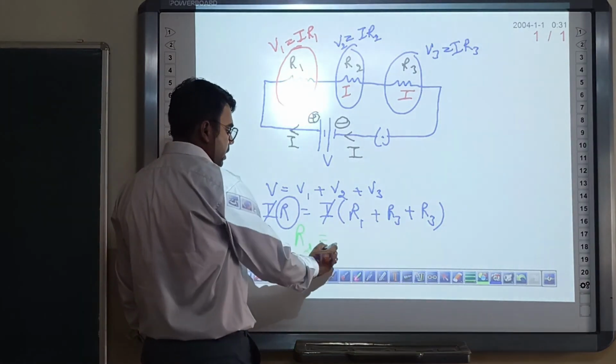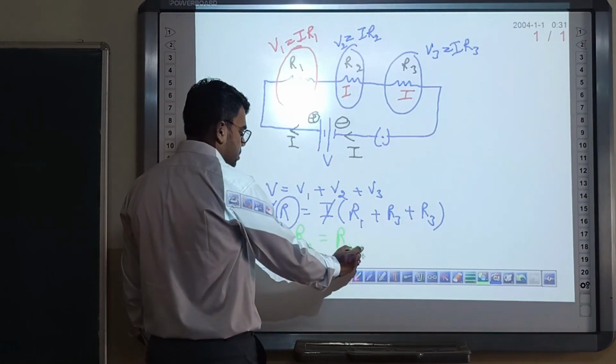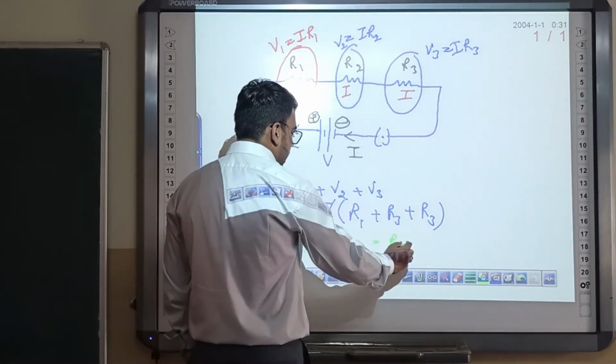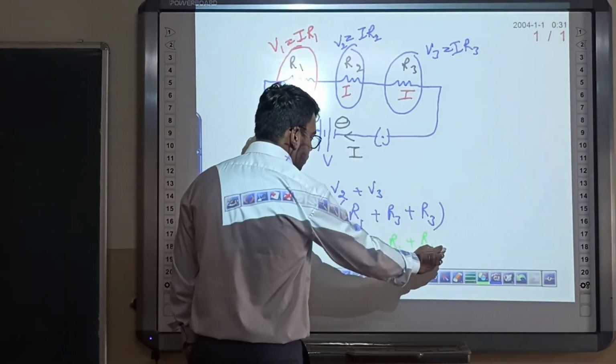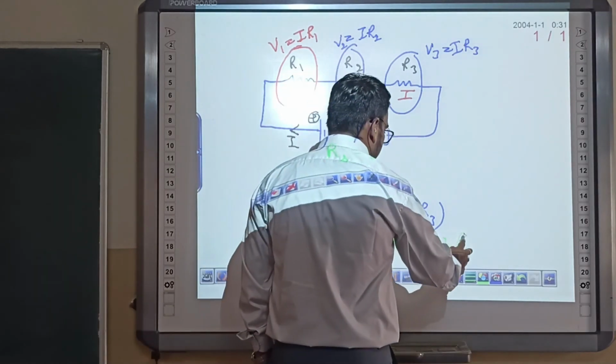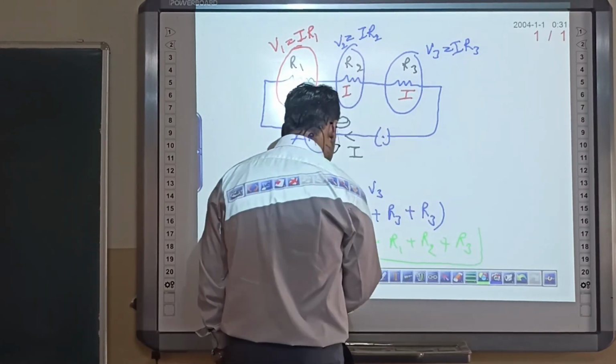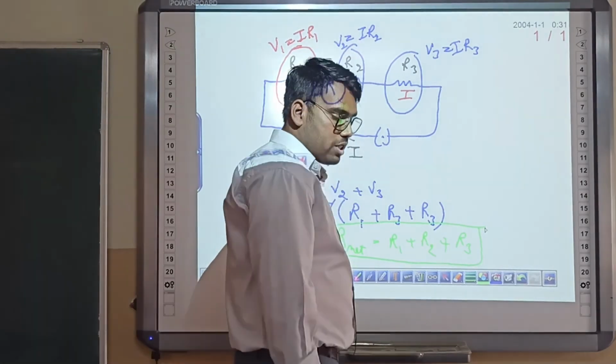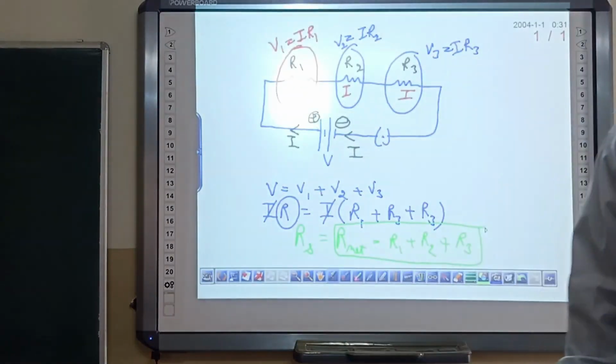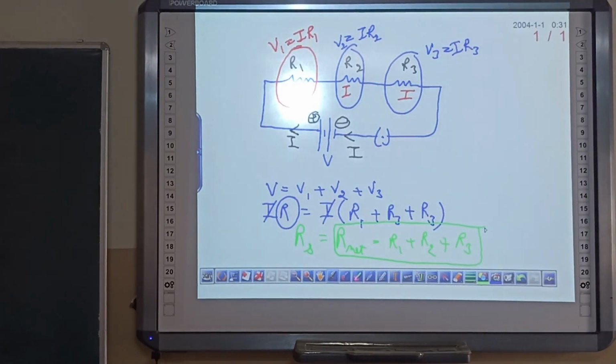We call it R net, that is total resistance, and the formula is R1 plus R2 plus R3. If we have more resistances, then R1 plus R2 plus R3 plus R4 and so on. No matter how many resistances we connect, we get the total as the sum of them. Okay, this is the formula for connection in series.